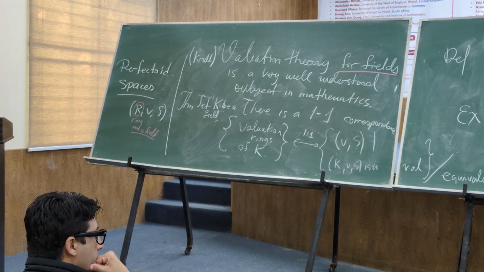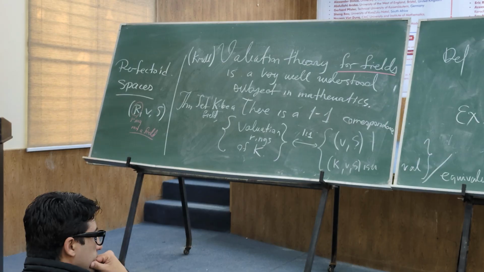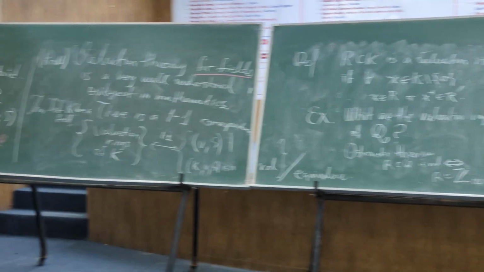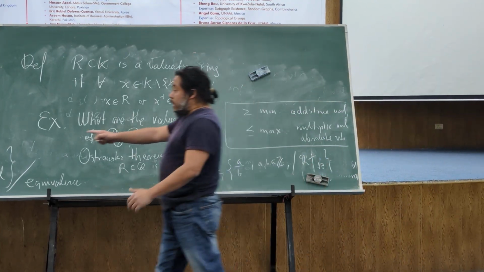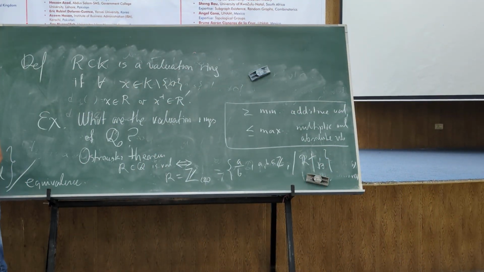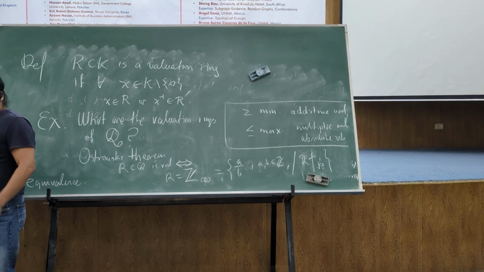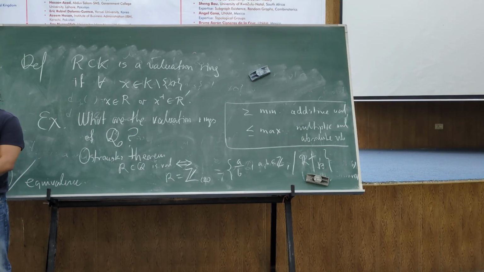And then if you put 3, then these are all the quotients such that 3 does not divide the number that lies below. So Ostrowski's theorem tells you that every valuation ring of Q is of this form. And if I use this theorem, then this theorem tells me which are all the valuations over Q.